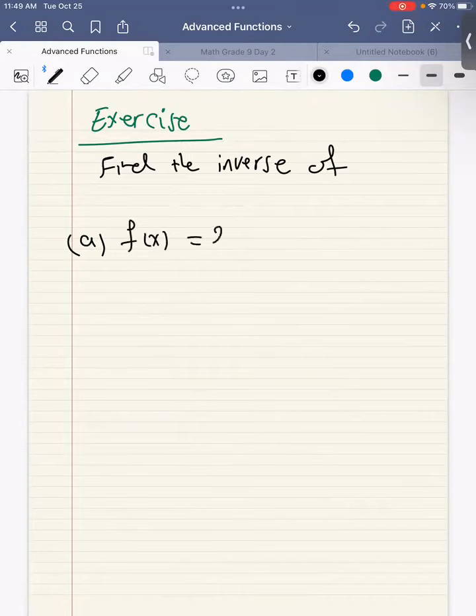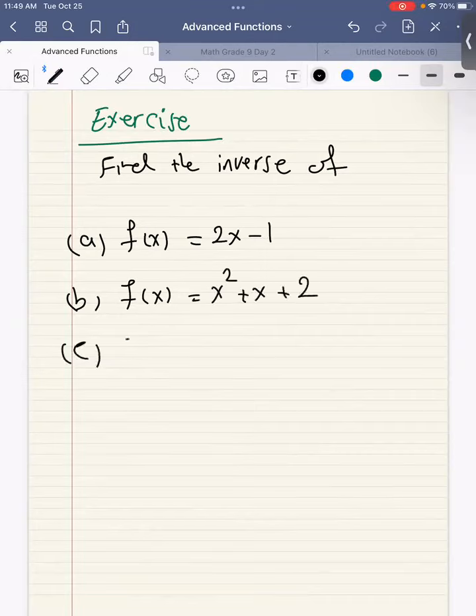Okay, so here is the exercise. Your homework is to find the inverse of f of x. We start with some simple questions. A, 2x minus 1. B, f of x is x squared plus x plus 2.